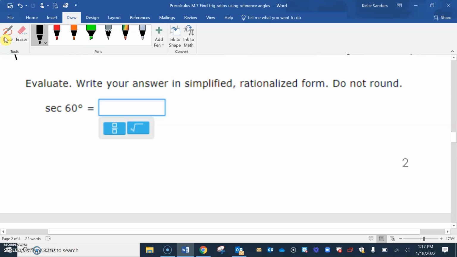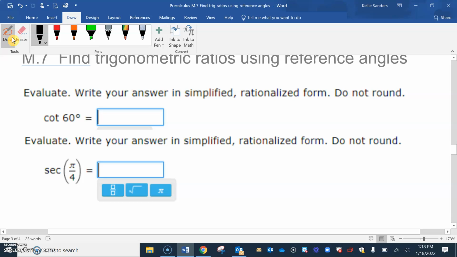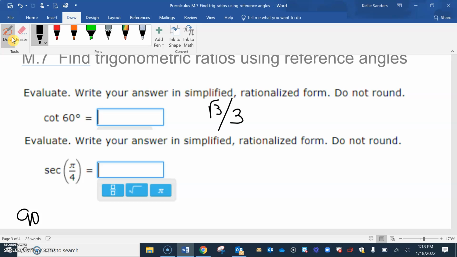Alright, secant 60. On most of these at the beginning, you can just use the chart up at top. So secant 60 is 2. Cotangent 60 is square root of 3 over 3. Pi over 4. If 90 degrees is the same thing as pi over 2, half of 90 is 45, and half of a half is a fourth.